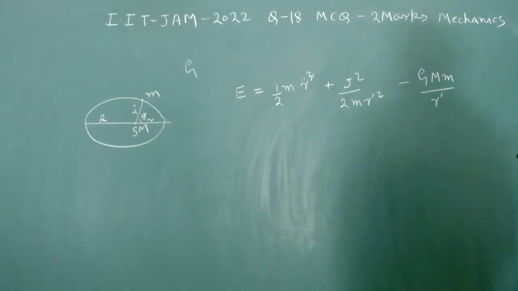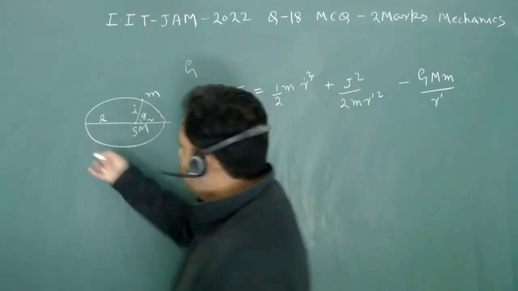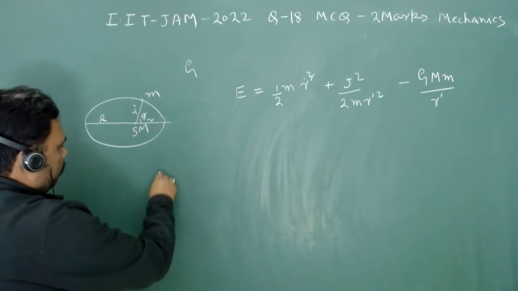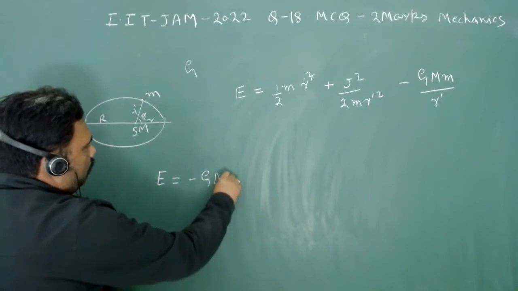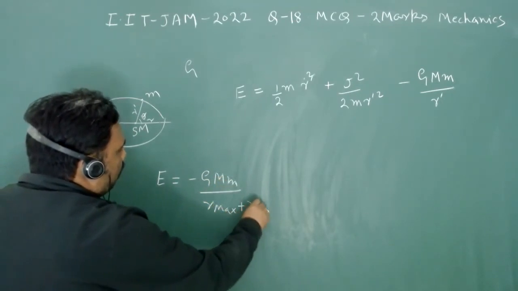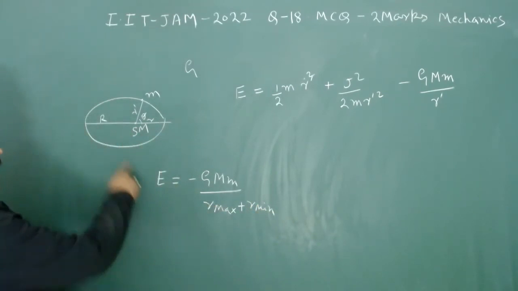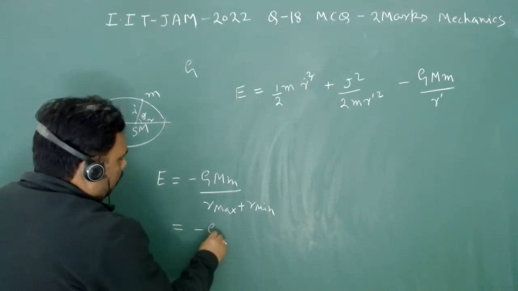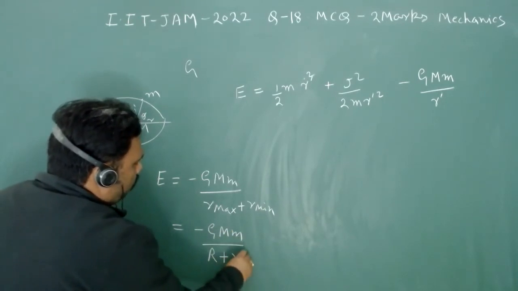So we have this particular thing, and from Kepler's law we also know that the energy of an elliptical orbit is given by E equals minus G M m by r maximum plus r minimum. Here capital R is r maximum and small r is r minimum. So we can write minus G M m upon R plus small r.